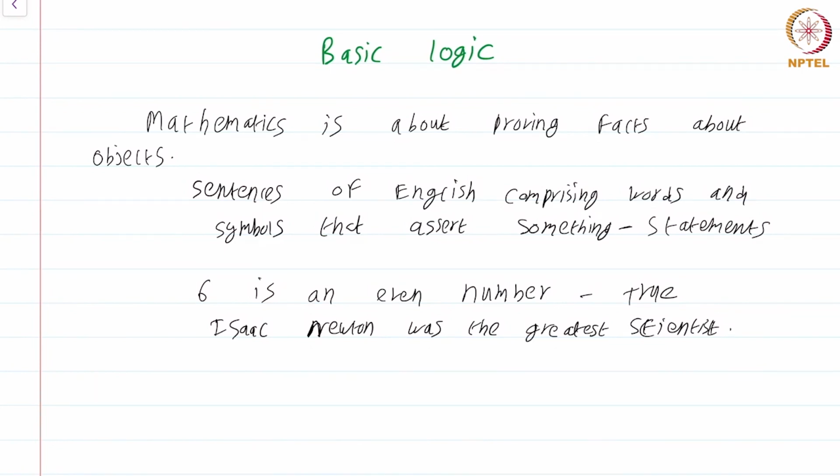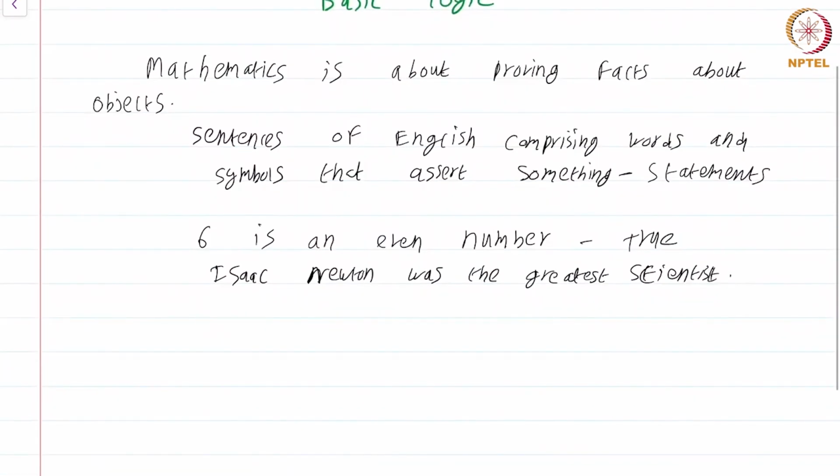How one defines objects and how one manipulates these definitions to prove interesting theorems is using logic. That's what this module is about. So this second statement, even though it asserts something, is not a mathematical statement. Mathematics will not say true or false about this.